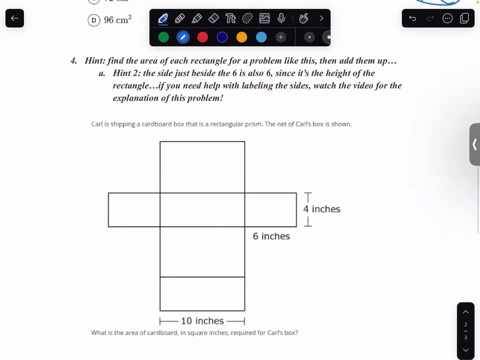All right, number 4. This is what's called a net of a rectangular prism. So basically, this is a surface area problem, the area of all the surfaces added up. Now, the thing that might be hard for you is knowing that if you folded this up, this would be the height.